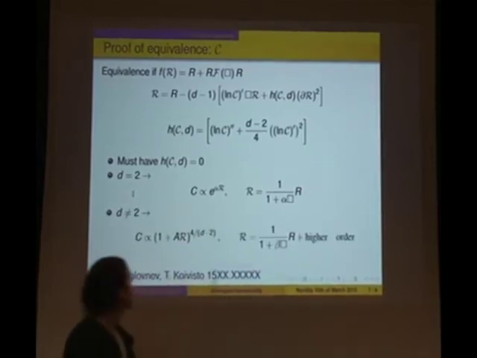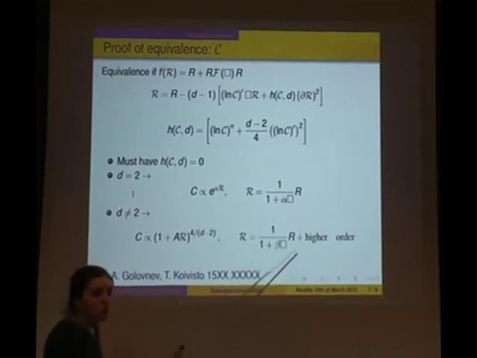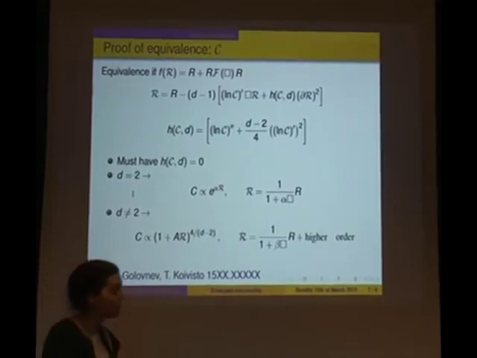When D is not equal to 2, this condition means that we have this functional form for C, and then we get this kind of term. We also get more higher order terms because of this term here, and this was exactly what Alexei pointed out, and which I guess he'll be elaborating on in the upcoming paper with Tommy.